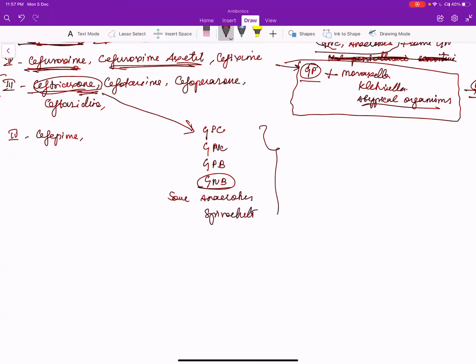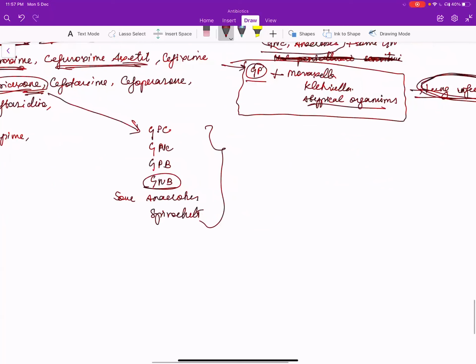It's like basic penicillin plus it covers gram negative bacilli. But I told you ceftriaxone does not cover Listeria. Remember, intrinsic resistance. It is like extended spectrum penicillin.